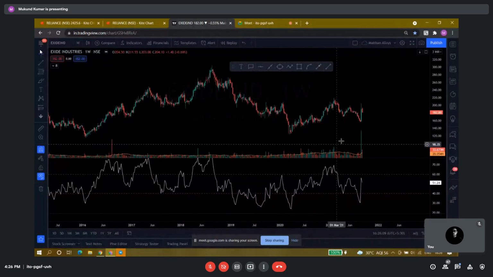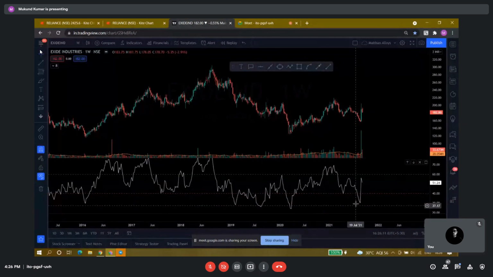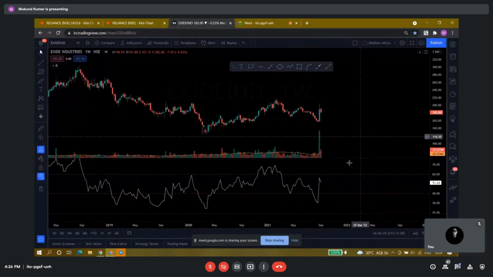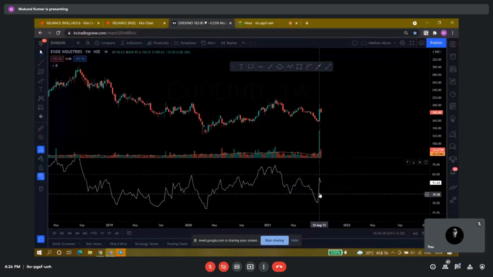For example, on the weekly chart, this has already breached 40 levels, so it has entered into a downtrend. Now it has again moved up from 40 levels, but you will have to wait for this stock on the weekly chart to cross the 60 levels to confirm that it is entering an uptrend on a long term basis, for 1 month or 2 months.